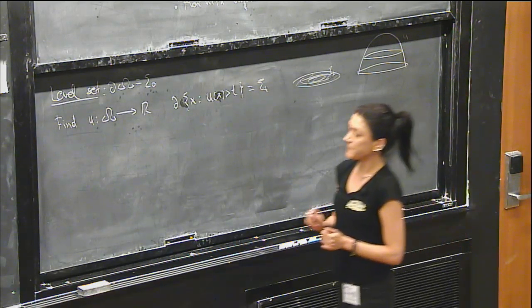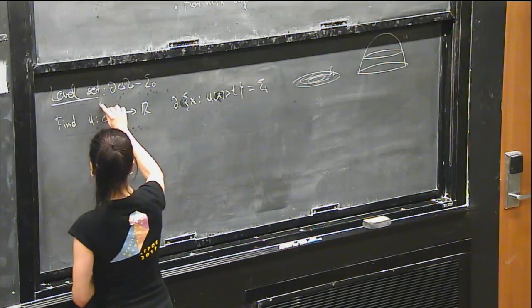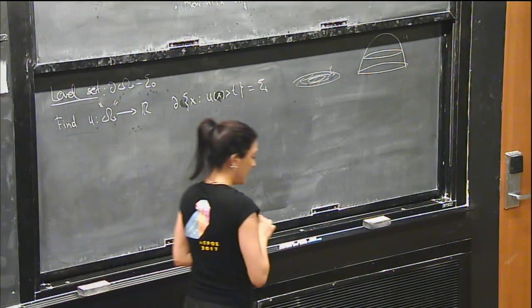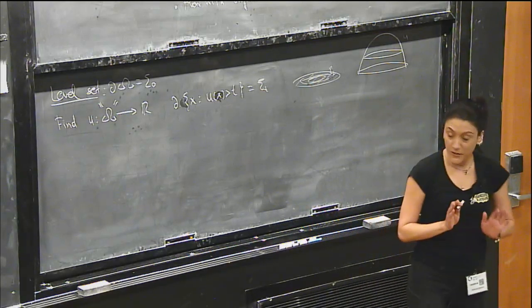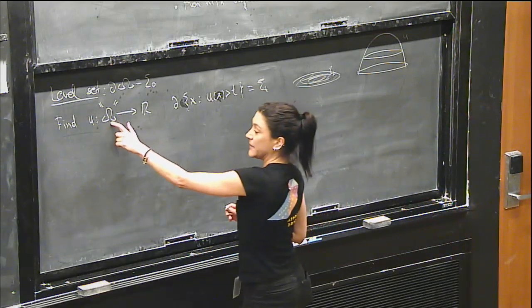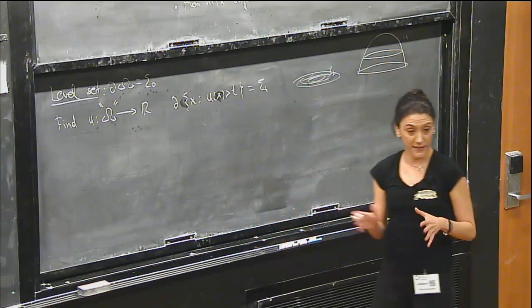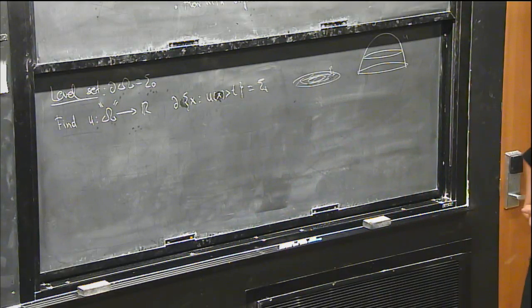Now, I'm going to put this omega in quotation marks because this is not really true. This happens as long as you don't have a minimal surface inside. If you have a minimal surface inside, then this function u should blow up at this minimal surface. Okay?